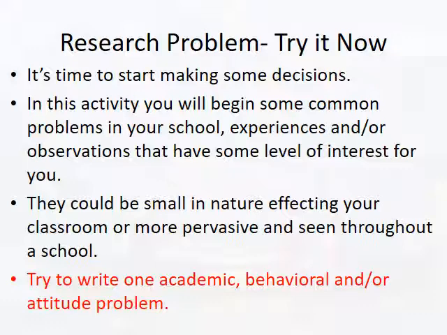My thinking there is that if you give yourself several different outcomes and several different places that the problem could impact, you open up the possibility to say, well, this problem doesn't necessarily affect the academics of my class, but it certainly affects the behavior of the class, or the general attitude of the class. So definitely make the attempt to write one of each.